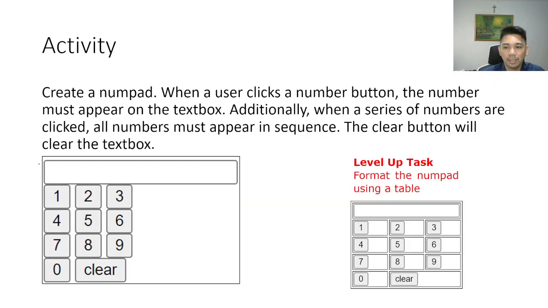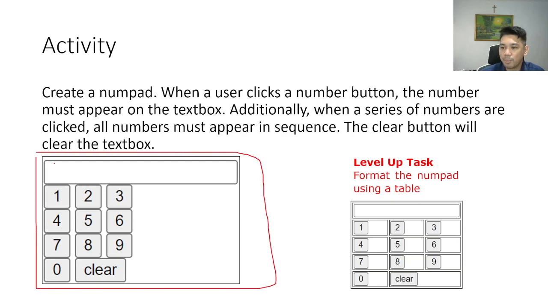So for your activity, I want you to create a numpad. Maybe for now, what you can do is create this interface, add a text box, and then add buttons 1, 2, 3, 4, 5, 6, 7, 8, 9, and 0.